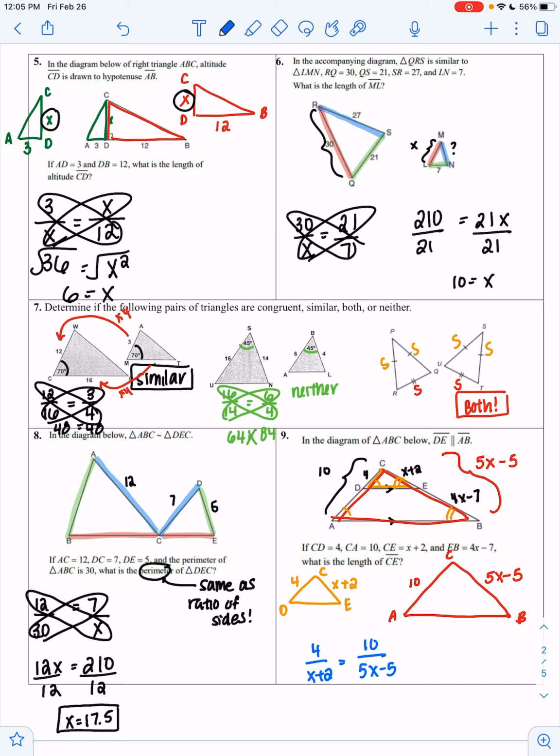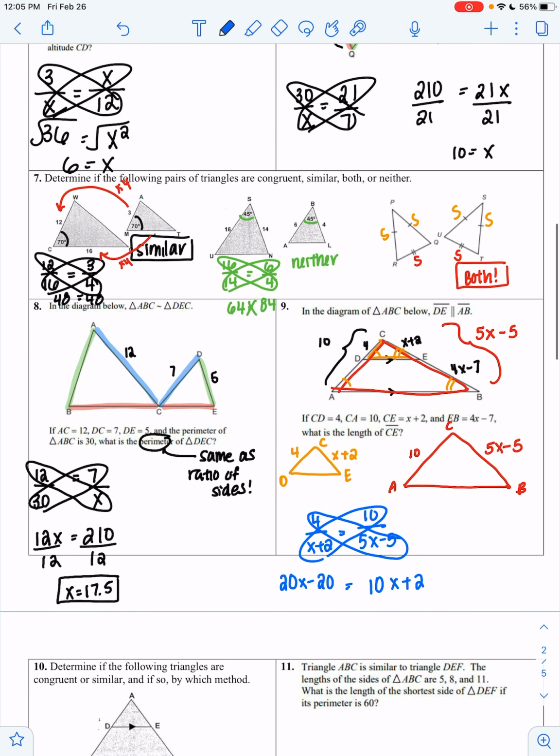And we're going to cross multiply. So 4 times 5x minus 5, that's where we have to distribute. 20x minus 20 is equal to the other side, 10x plus 20. Minus 10x from both sides. We get 10x minus 20 is equal to 20. Add 20 to both sides.